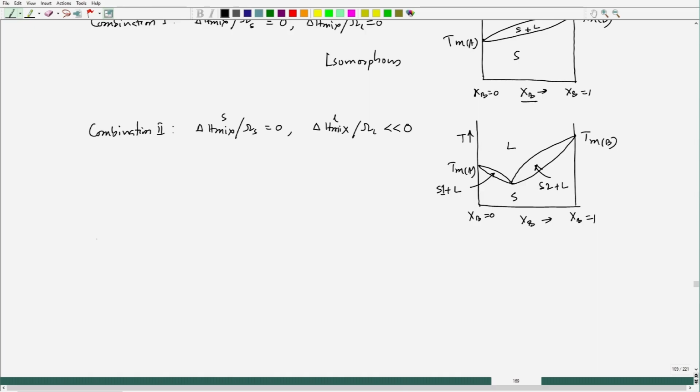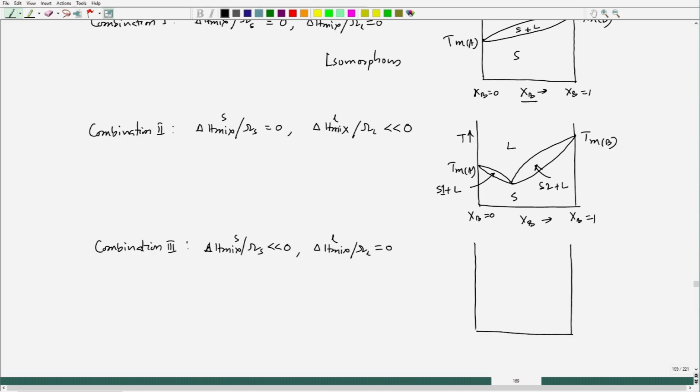Now, the third combination, we have taken delta H mix S, or omega S, is highly negative, whereas delta H mix L, omega L, is equal to 0. That time we saw the stability of solid has gone up. So, the solid will be stable even beyond the highest melting point metal.